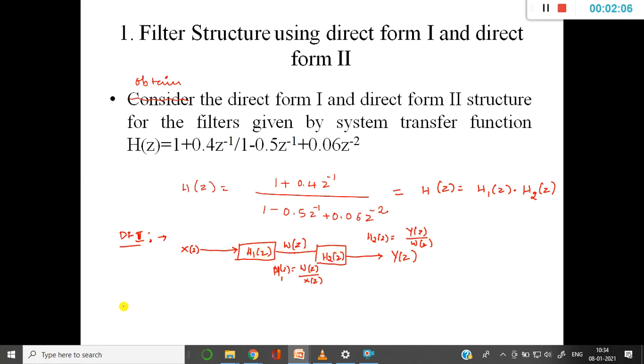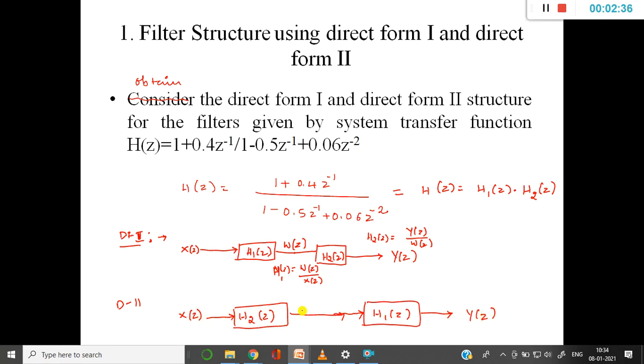Now direct form 2, I simply exchange H2 and H1. Here I will consider H2 of z and here I will consider H1 of z, because multiplication of two numbers is commutative. So that rule we will adapt here.